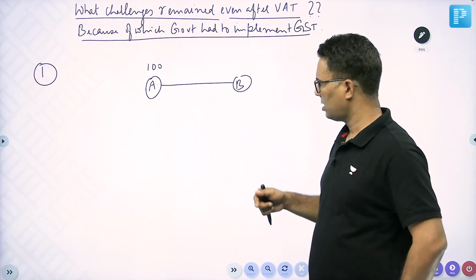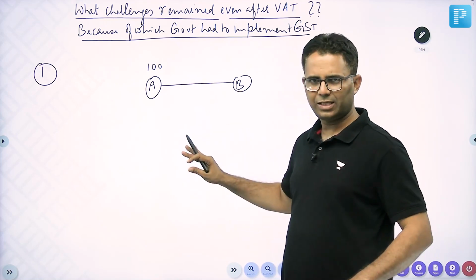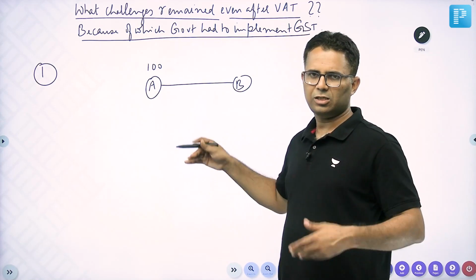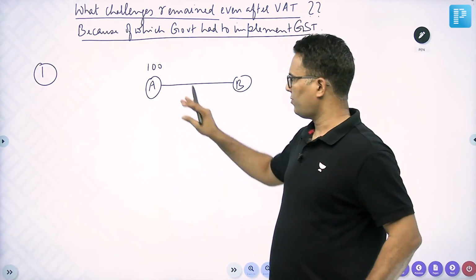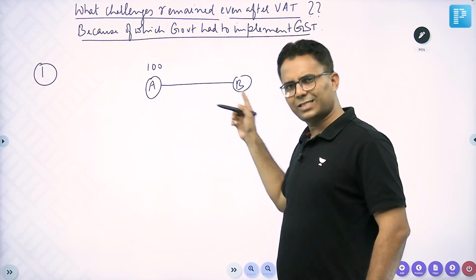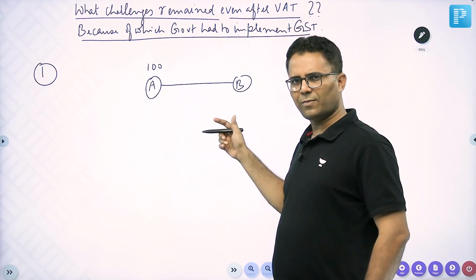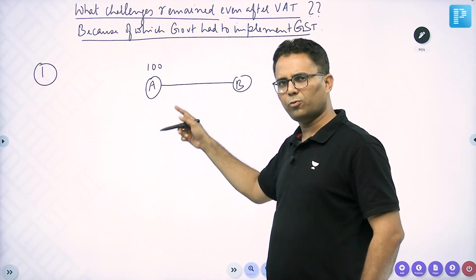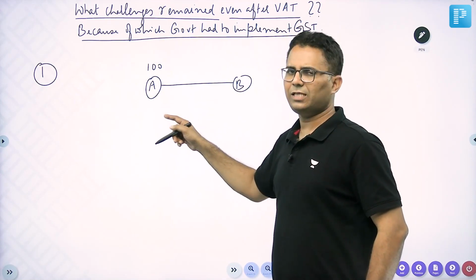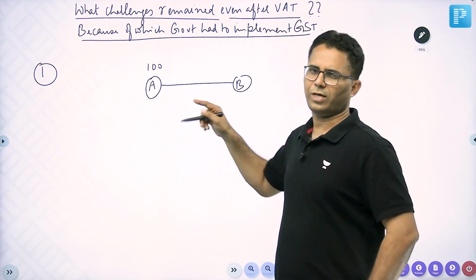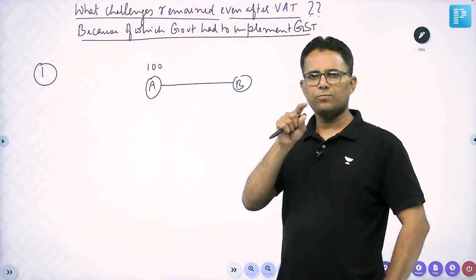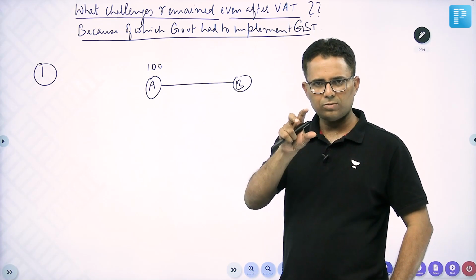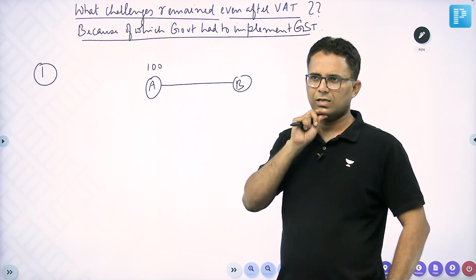So VAT is of state government, excise is of central government. So, if A is doing manufacturing and then selling, first central government will impose its excise duty and then state government will impose VAT. See, I said that excise duty is imposed when the products move out of factory area.